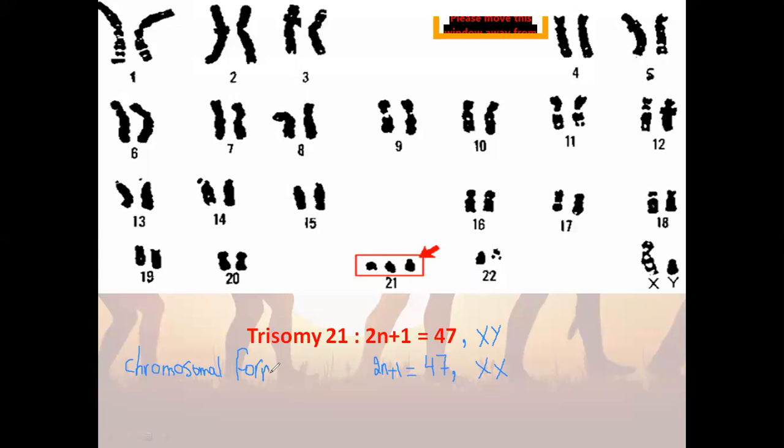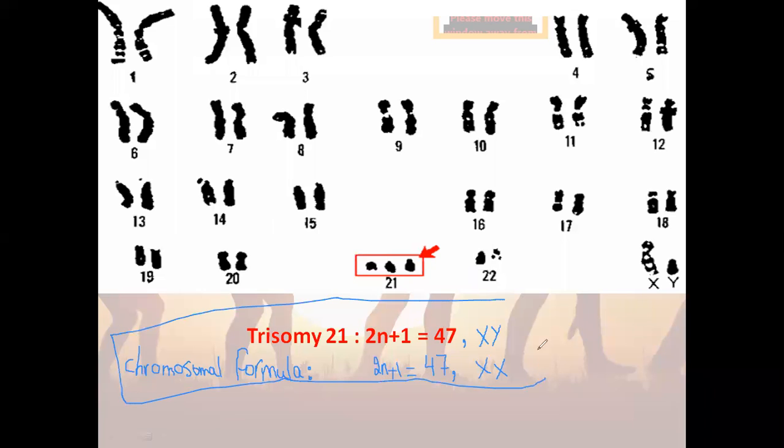Next, we are going to have questions giving you a karyotype, asking you to detect if there is an abnormality or not, detect the type of the abnormality, and so on. So from now on, the chromosomal formula is needed and you have to know how to write it.